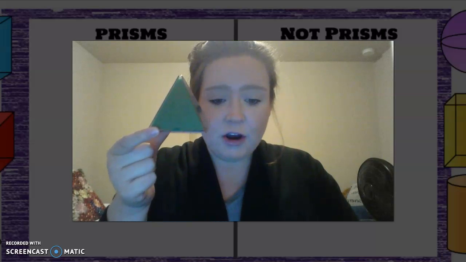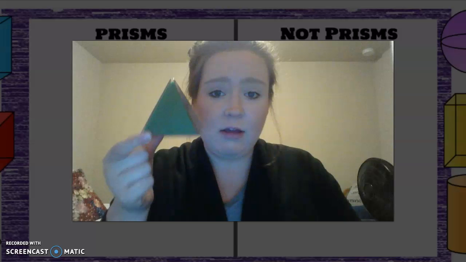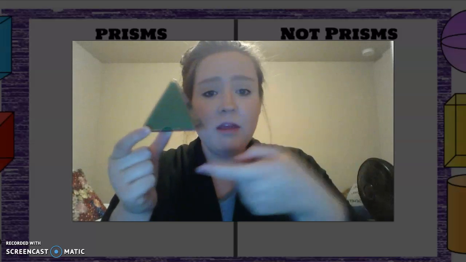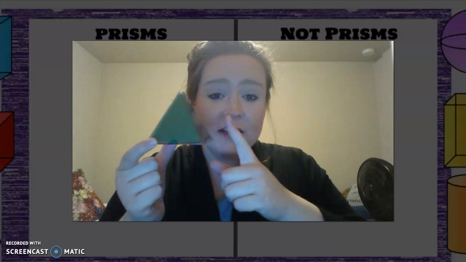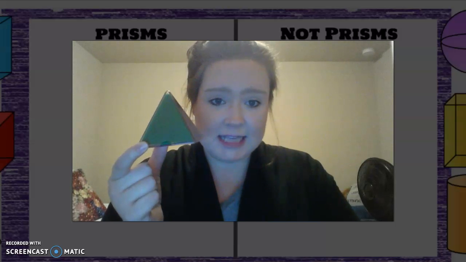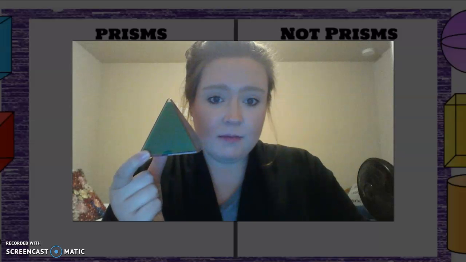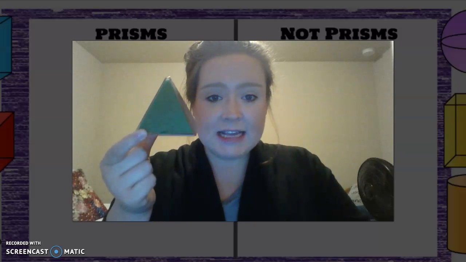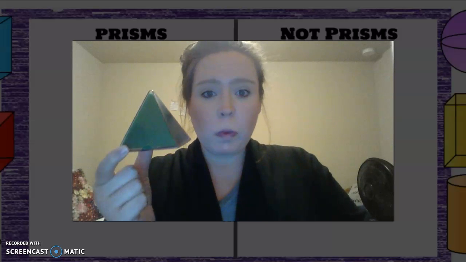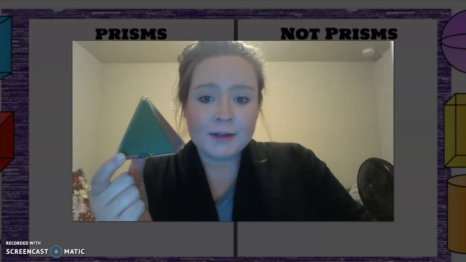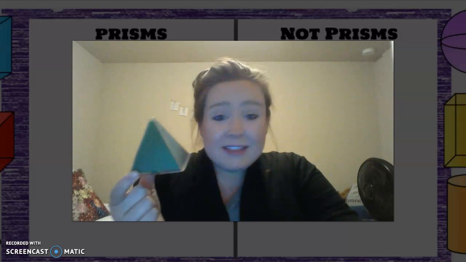Does this figure have identical parallel ends? Meaning, the top and the bottom are going to be the same figure, or the 2 sides are going to be the same shape. Does this figure have identical parallel ends? No, it does not. Good.